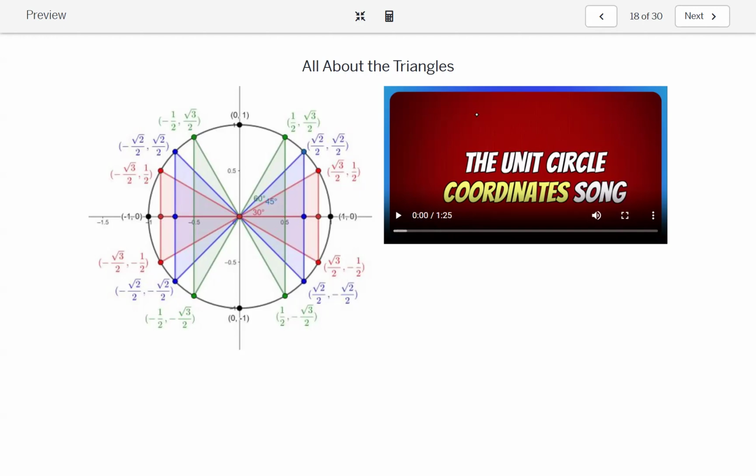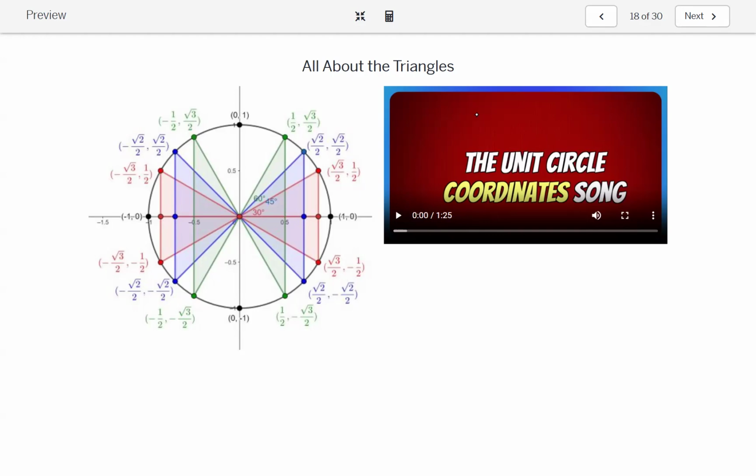All of those red points have a 30-degree reference angle and have the same coordinates. The only thing that's changing is the negative sign. So all 4 of them have square root of 3 over 2 as the x coordinate. It's just 2 of them are negative, 2 of them are positive. All 4 of them have 1/2 as the y coordinate. 2 of them are positive, 2 of them are negative.